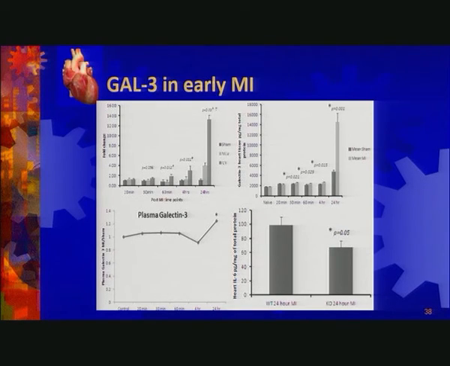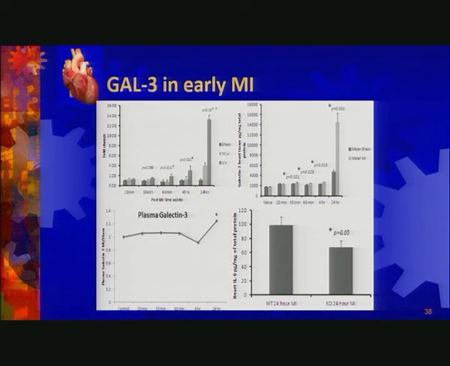So what we found is that galectin-3 is secreted very early in the event of ischemia, in the death of the cells, whether due to myocardial infarction, as in this model, or due to inflammation. And its secretion increases with time. So it does not appear only during heart failure, long after that, but it starts very early in the event of ischemia.